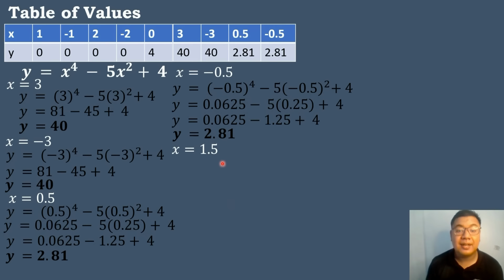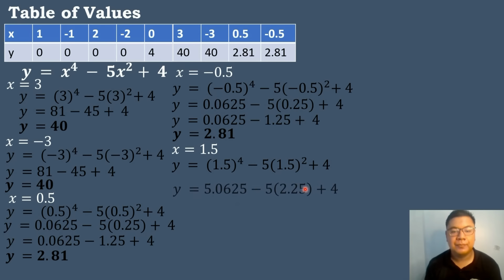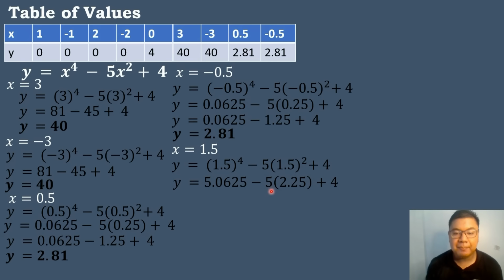Next, let's have x is equal to 1.5, because it is in between 2 and 1. So let's substitute 1.5. We have y is equal to 1.5 to the fourth power minus 5 times the quantity of 1.5 to the second power plus 4. And then we will simplify. 1.5 to the fourth power is 5.0625, minus 5 times 1.5 to the second power, which is 2.25, plus 4.